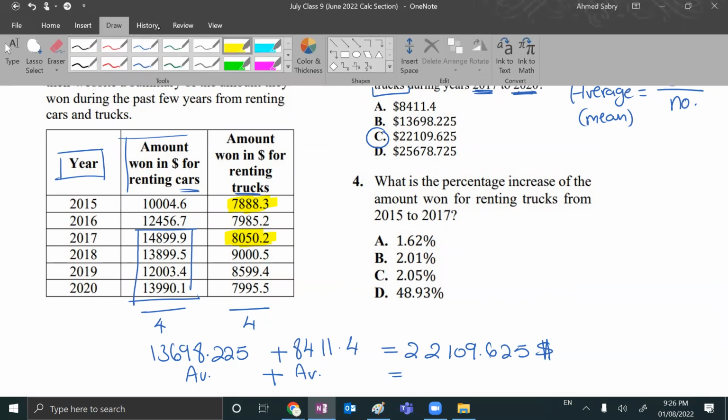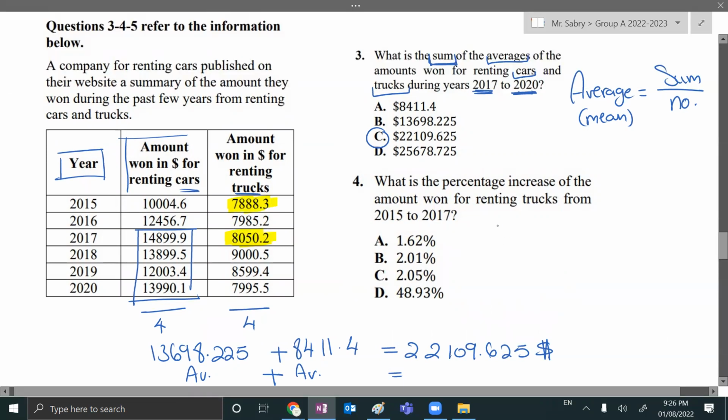So how do I get the percentage of something? The percentage of anything is mainly the wanted over the total, and then I just multiply by 100. What does that mean? What's the wanted? What do they want? The percent of what? The percentage of the increase. So what is the increase?